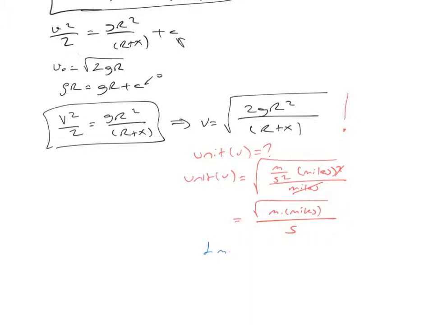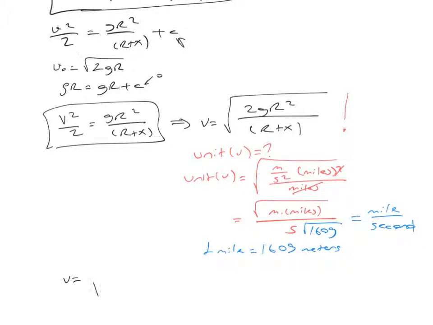1 mile is roughly equal to 1609 meters. So if we divide this equation by the square root of 1609, we will get the unit of velocity as mile per second. So let's update our equation for velocity.